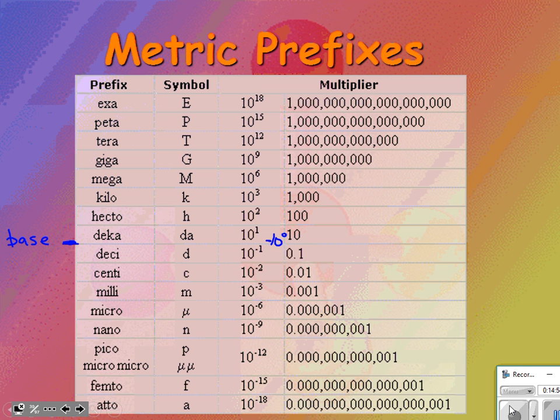So you might see a picture of a mitochondria taken by electron microscope, and usually they're going to deal with somewhere either micro, nano, or pico.